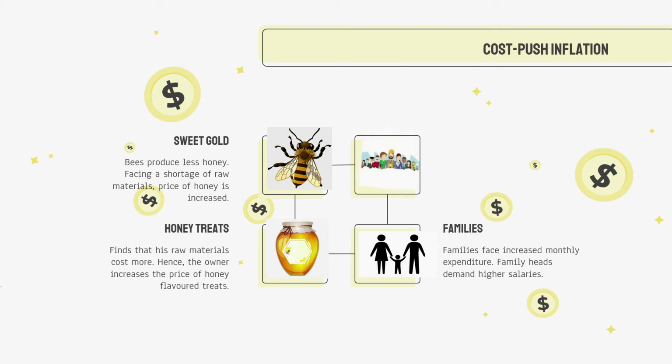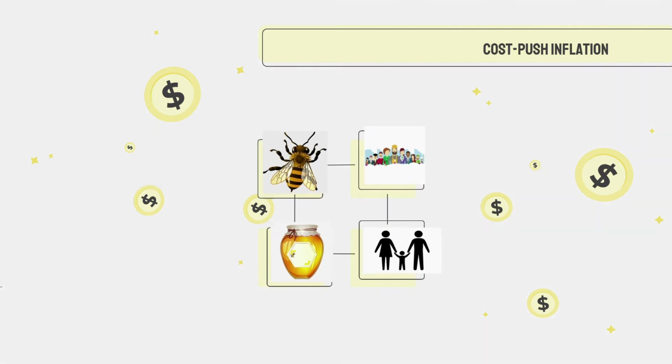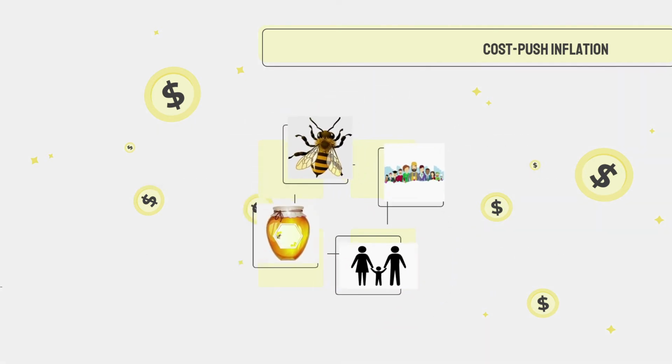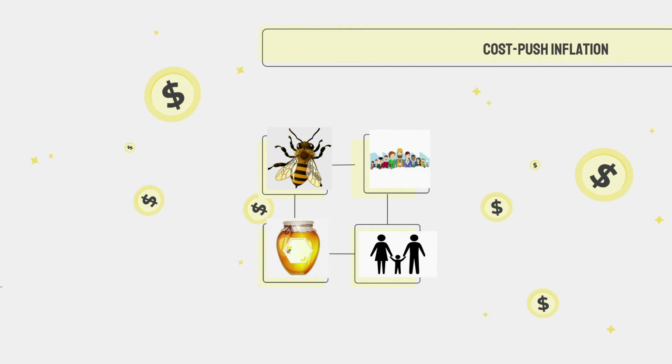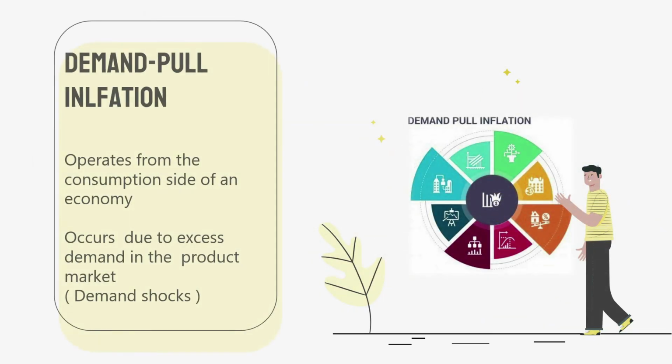The management authorities of these jobs are now facing an increase in the price of their raw materials, labor. So in turn, they increase the price of their products. And this goes on. The ultimate result is a rise in the general price level of an economy, which we call cost push inflation. So now let's look at what demand pull inflation is all about.